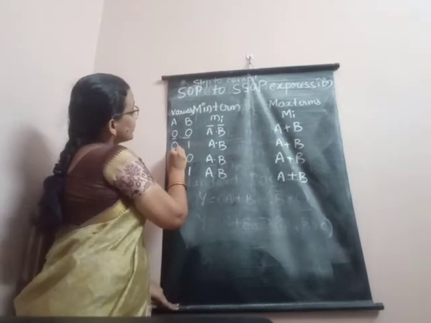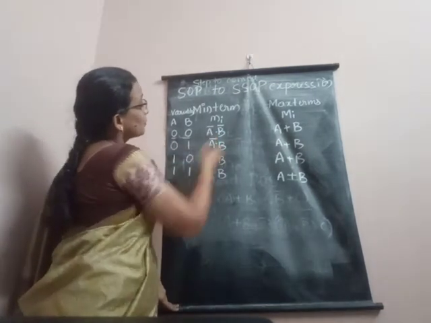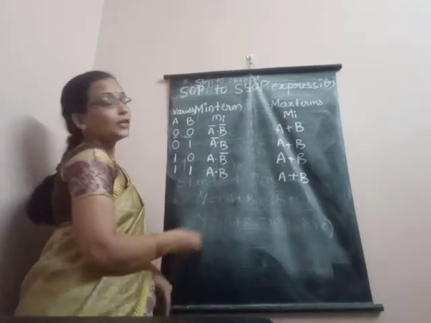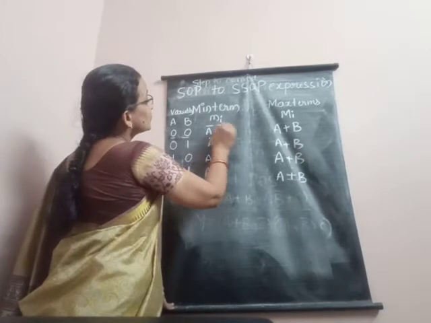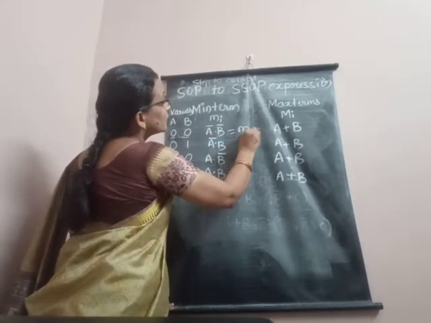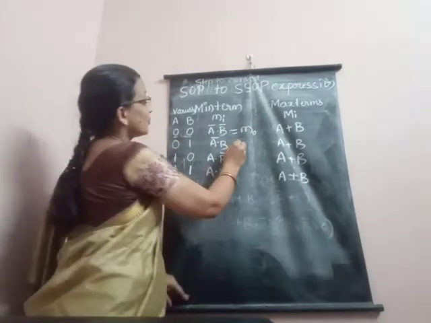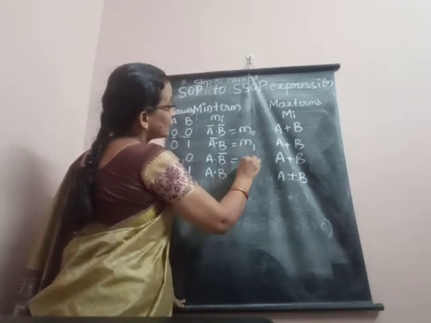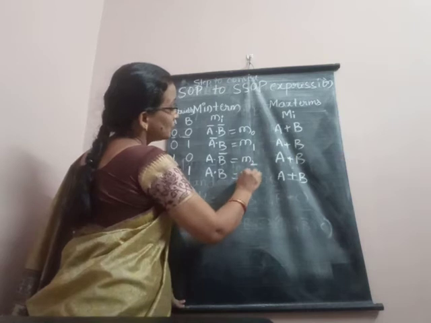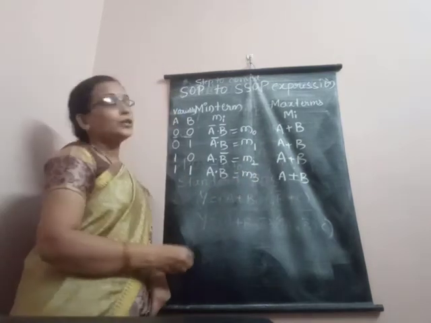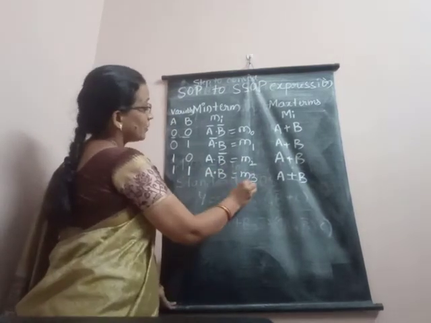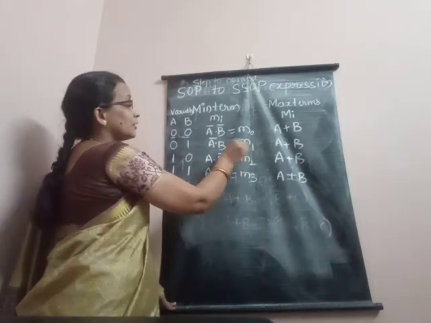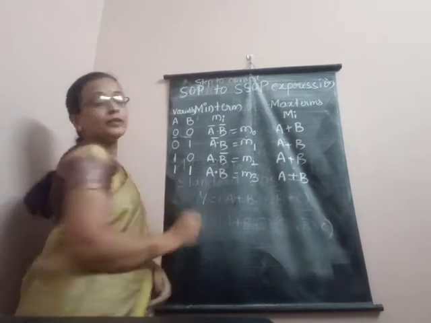Here A is 0, B is 1, so A bar B, A B bar, A dot B. 0, 0 has decimal equivalent 0, 0, 1 is m1, 1, 0 is m2, and this is m3. So A dot B is m3, A dot B bar is m2, A bar dot B is m1, and A bar dot B bar is m0.